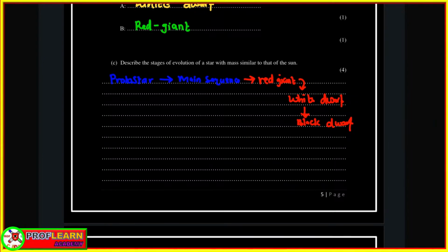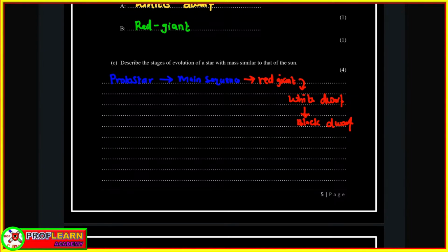At the protostar stage, the reactions increase and an enormous amount of heat is generated, so an outward force is generated. When the outward force equals the force of gravity, the star enters a stage known as the main sequence stage.